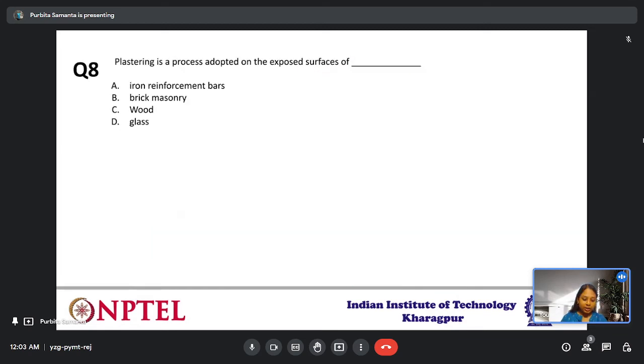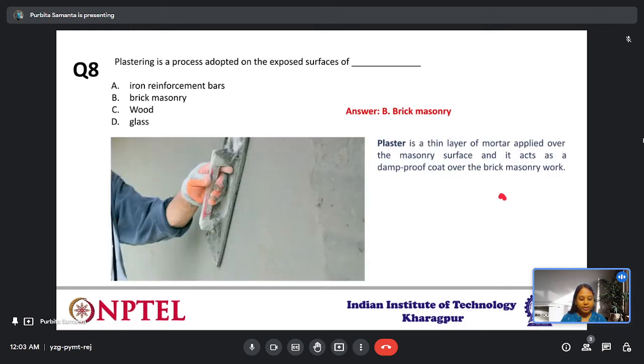Moving to our eighth question. The eighth question says that plastering is a process adopted on the exposed surfaces of, and the answer will be brick masonry. If you look into this image, you'll see how the plastering is being done.